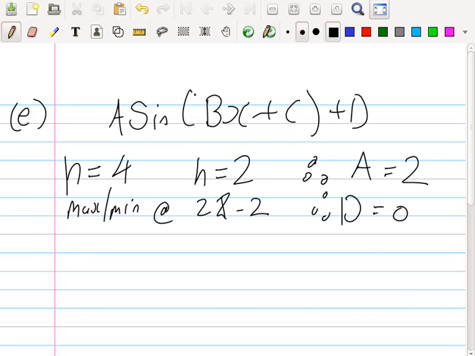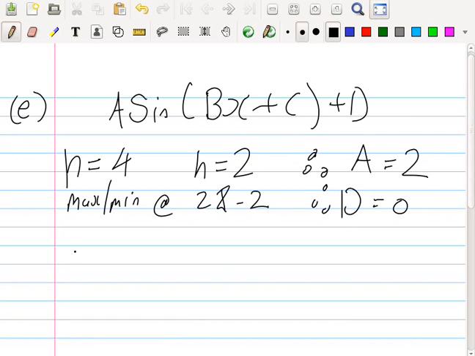Okay. Now, when we look at the inside, which one do I do first, the B or the C? The B. B first. Now, if I look at this graph, there's a little formula I gave you last time if you want to calculate the B. What did I say it was?